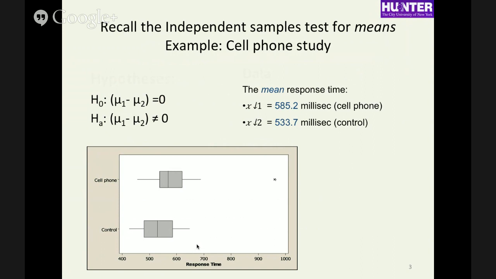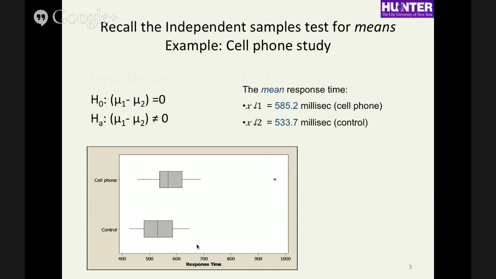They're different people, so they're independent samples, and we wanted to compare the mean response time to a stimulus, such as something running out on the road in front of them in a simulated driving environment. Here the null hypothesis was that the mean response times of these two groups were equal, and the alternative hypothesis was just that they were not equal. And we used an independent samples t-test to do that.